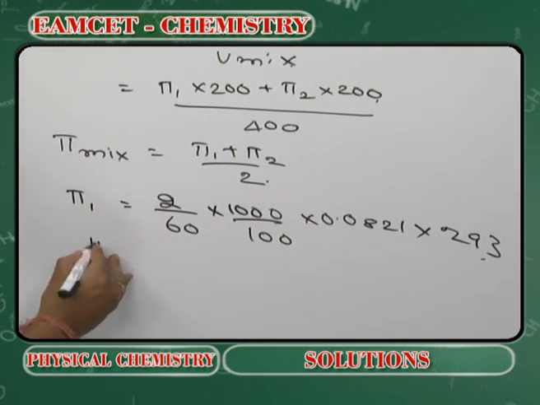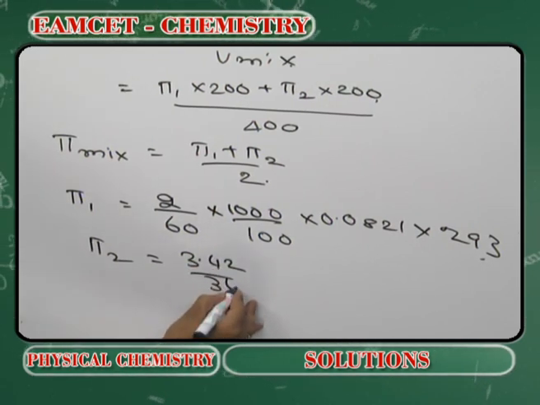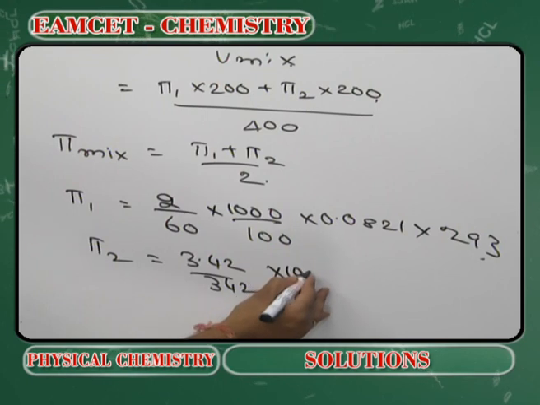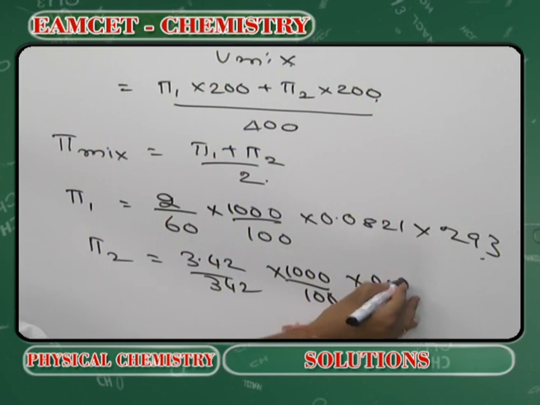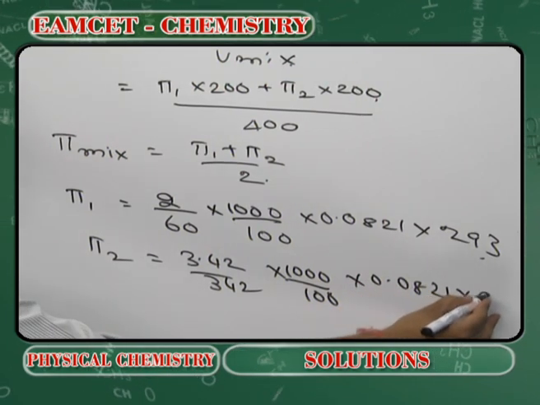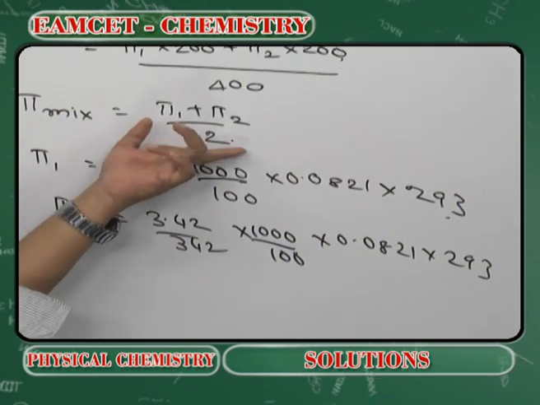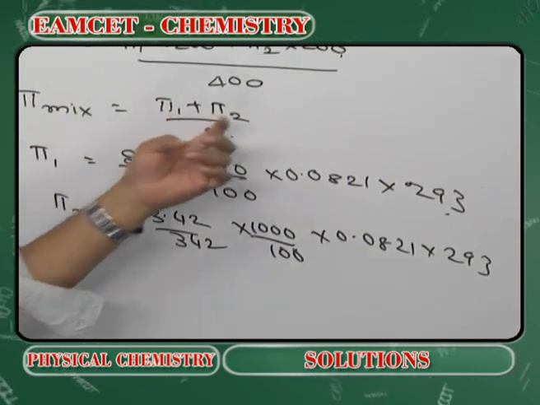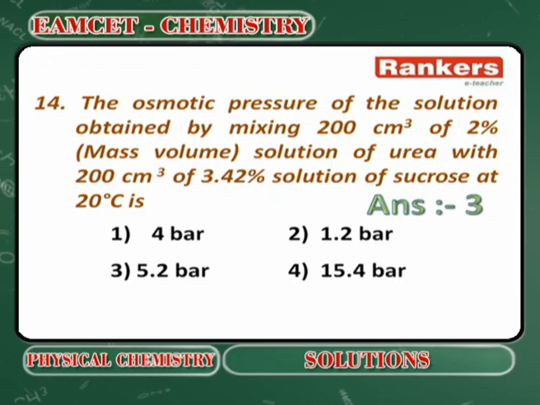What will be the pi 2? 3.42 by 342 into 1000 by 100 into 0.0821 into 293. This is the way to calculate pi 1 and pi 2. And what will be the pi mixture? Pi 1 plus pi 2 by 2, which comes around 5.2 bar, if you simplify this calculation. Next.